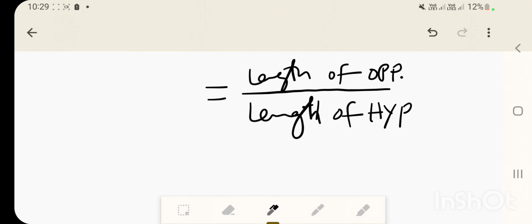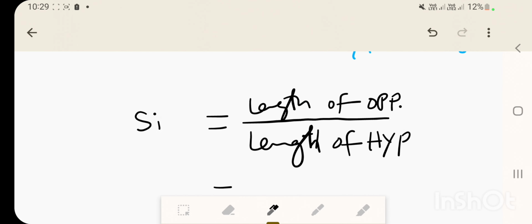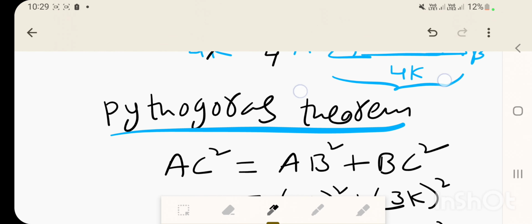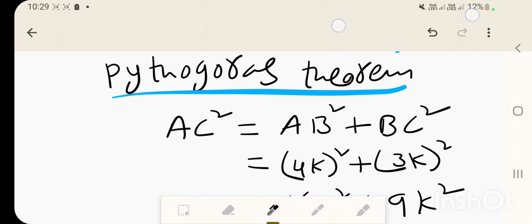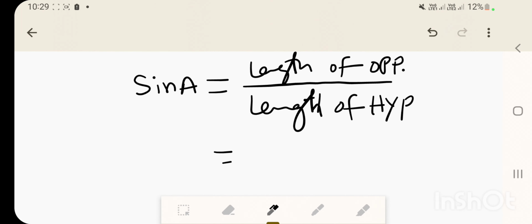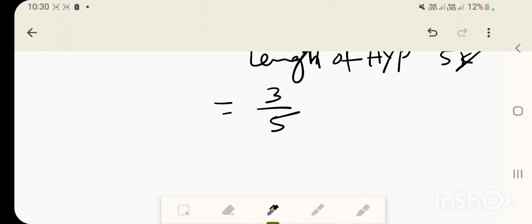The ratio on the left-hand side, I think you guessed already, is going to be sin A. The length of the opposite side we have seen already, that is BC equal to 3K, and AC is going to be 5K. So here we got 3K divided by 5K. Both the K will get cancelled and we get 3 by 5. So this is going to be sin A.